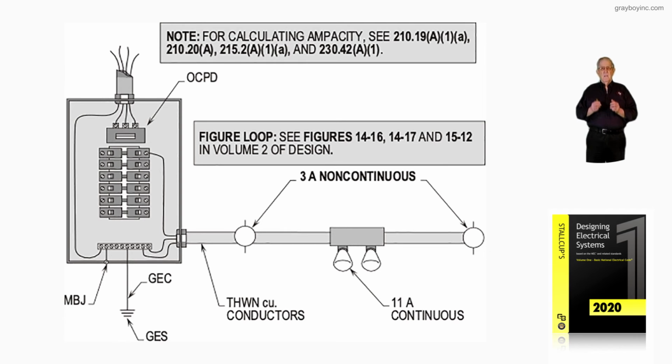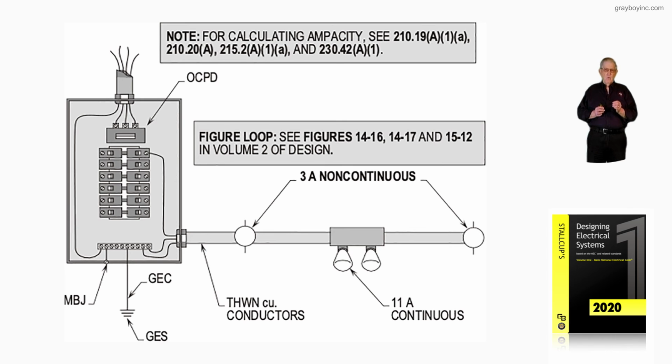But now, with the information of two 3 amp non-continuous loads and a number of lighting units maybe, we have an 11 amp continuous load. Again, a little repetitious here, but Article 100 defines a continuous load as one that can operate 3 hours or more without interruption.